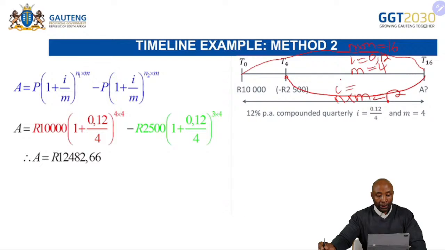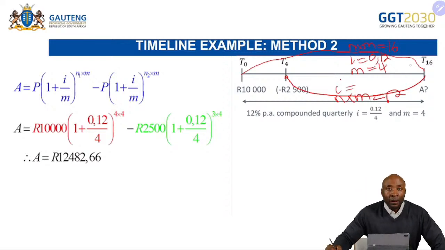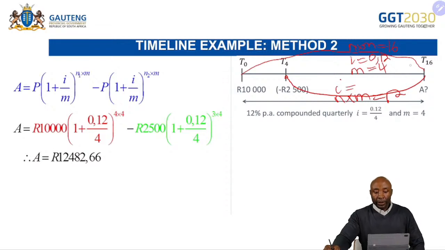A is equal to P times (1 plus I over M) to the power N1, remember, it's for the number of years for that particular 10,000, which will be 4 times 4. And then minus 2,500 times (1 plus I over M) to the power N2. Our 1 plus I over M remains the same. What changes is the N2, which is 3 times 4. And you will realize that we are getting the same amount of 12,482.66. So it depends on you, learners, which method you are comfortable with.